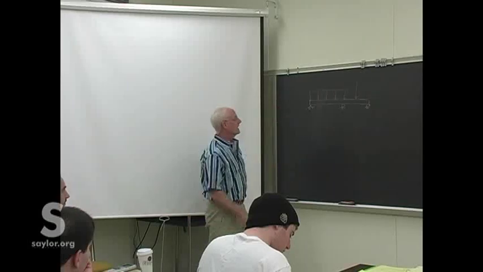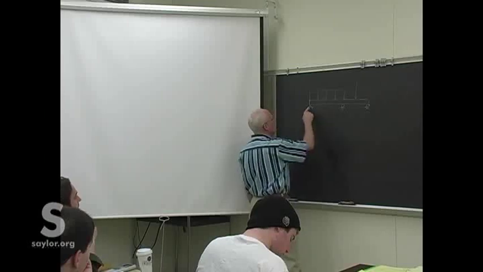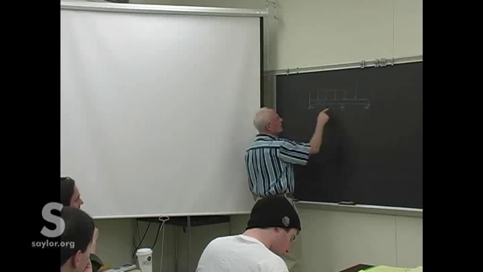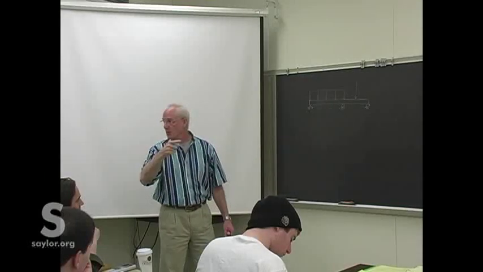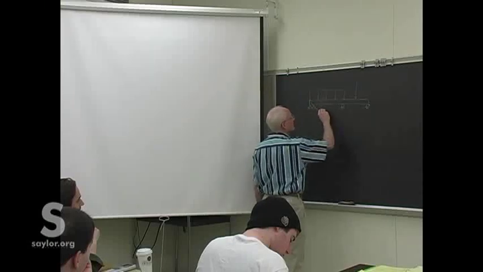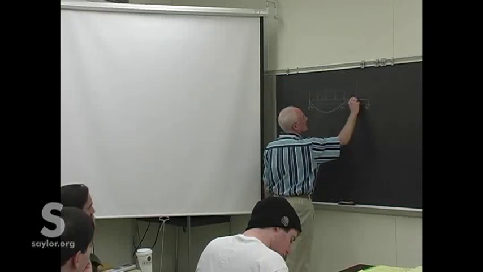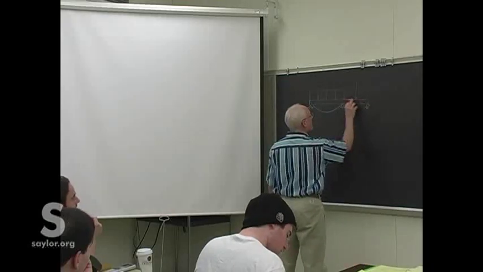Take a beam loaded like this. I just made up some type of picture. We know that it won't go up or down at the supports, but it's going to bend in between. Bend something like this, and then, well, it wouldn't do that, would it? Whatever.